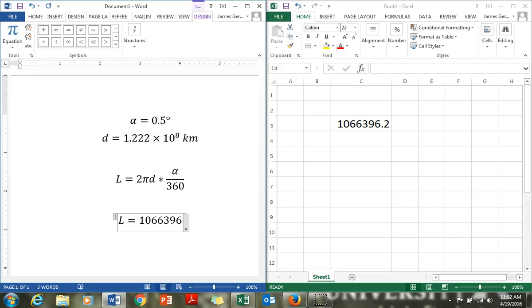Now, the way Canvas grades things, you only have to be within 2%. So you don't have to have it exactly right, just be within 2% and you're good.